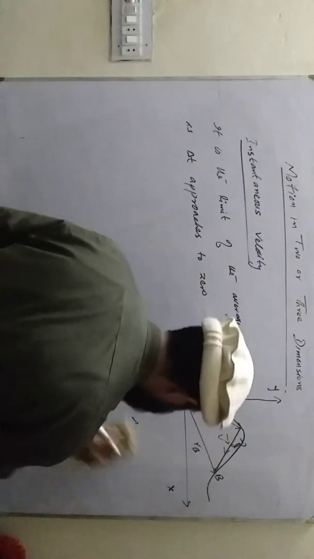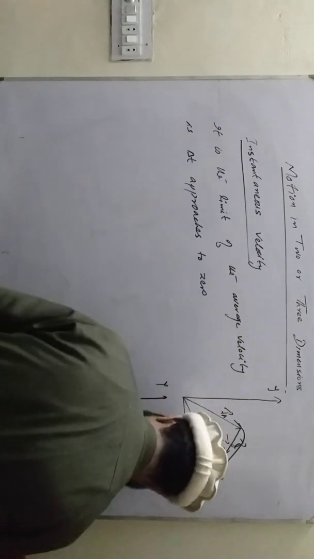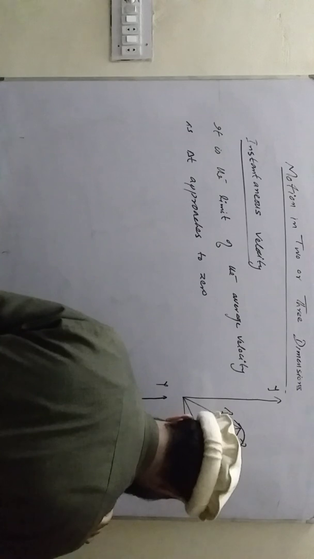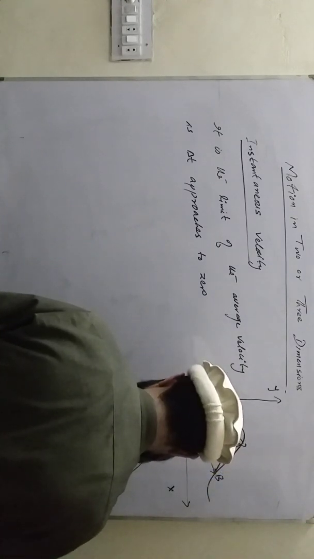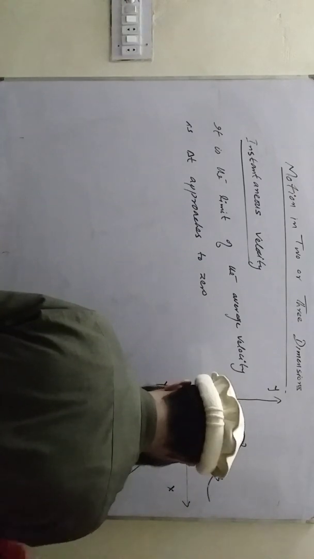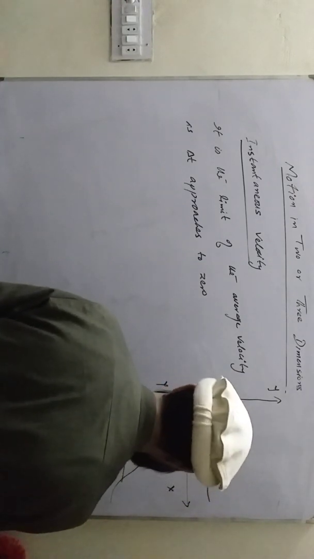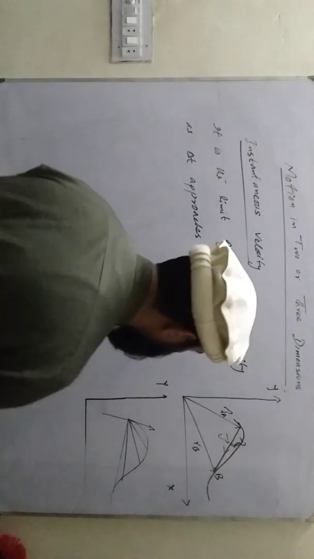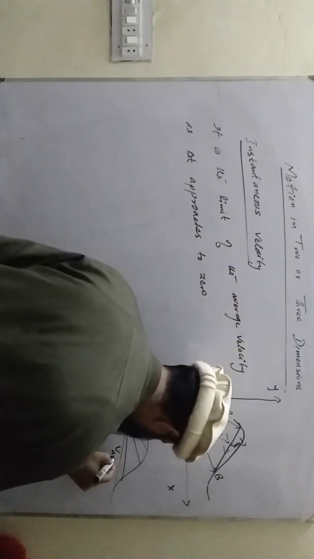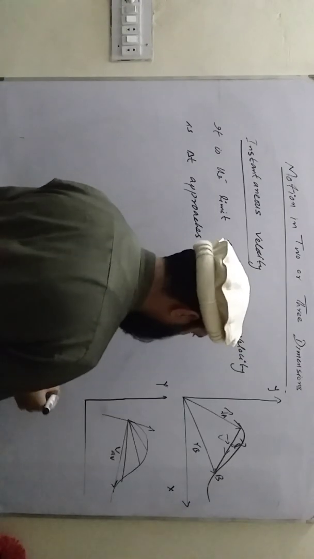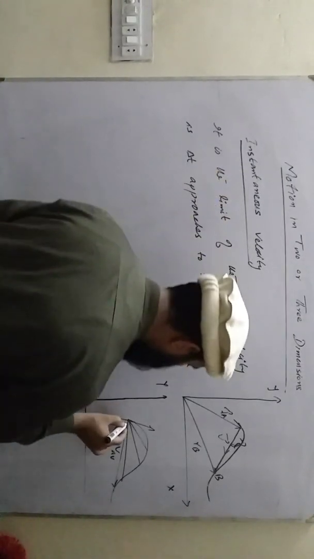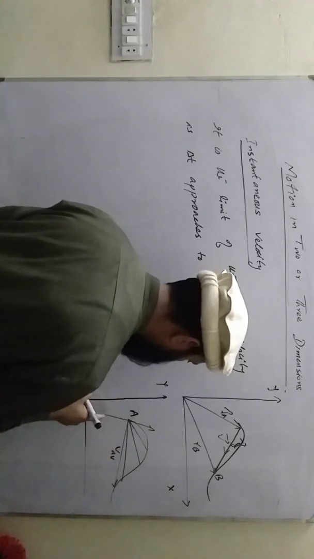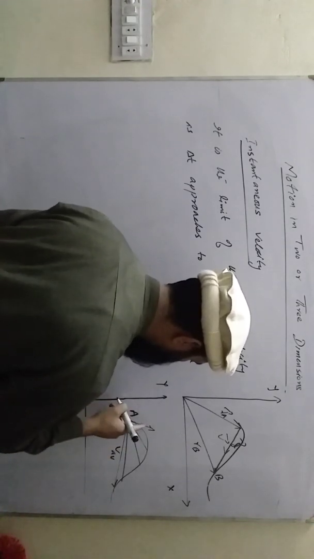Its direction: this was the average velocity, and the instantaneous velocity at point A is along the tangent line at that point on the curve.